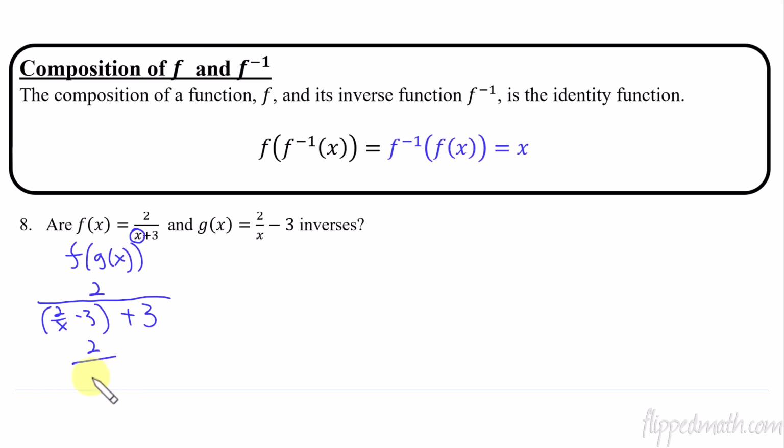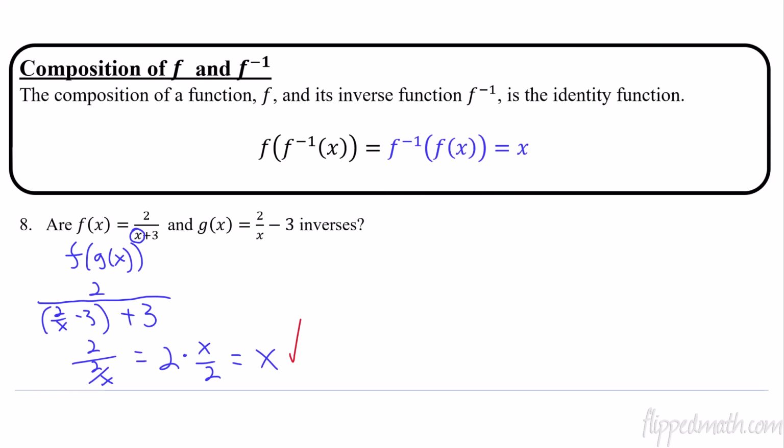So we get 2 over x. The minus 3 plus 3 cancels. Well, this is the same thing as saying, division with fractions, that's confusing, so let's multiply by the reciprocal, 2 times x over 2. 2's cancel, and you just get x. All right, so that worked. We just got x. Now that's only half of the work though.